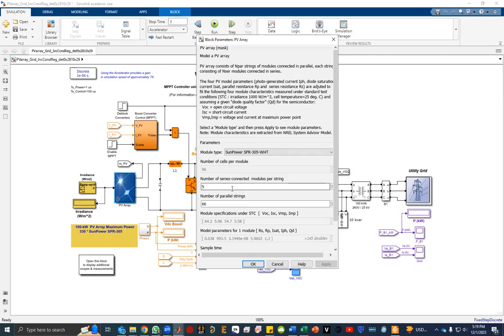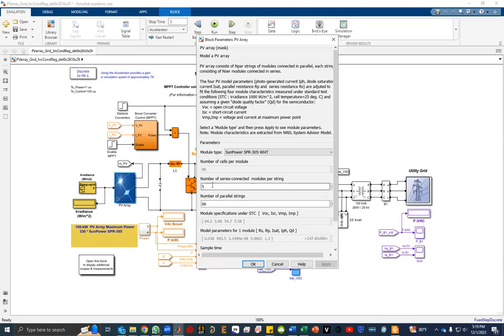I'm not sure whether the teacher covered it or not, but definitely it will be in the syllabus. Anyway, the number of series connected modules per string is 5 and the number of parallel strings is 66.